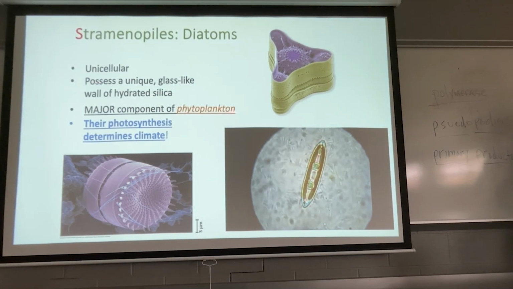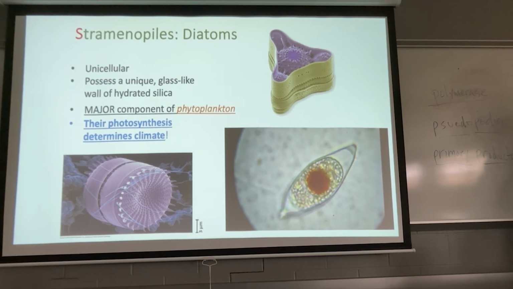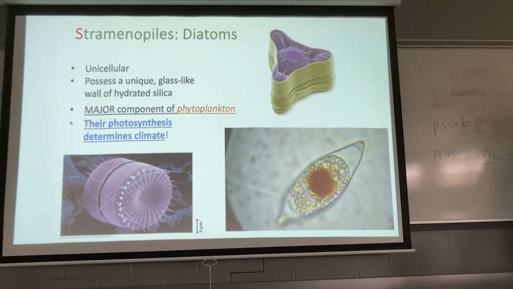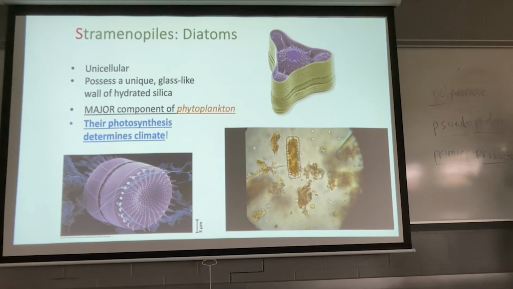Because they're a major component of primary production, if you imagine the marine environment, if I tell you they are one of the major primary producers in all of the oceans of the world, then they are using a ton of sunlight and a ton of carbon dioxide, right? They're using lots and lots of carbon dioxide over the entire surface of the ocean.